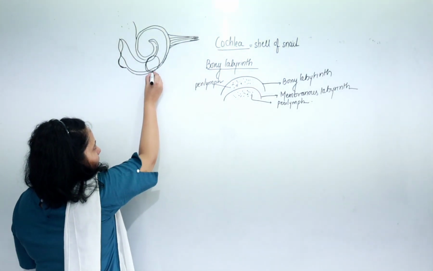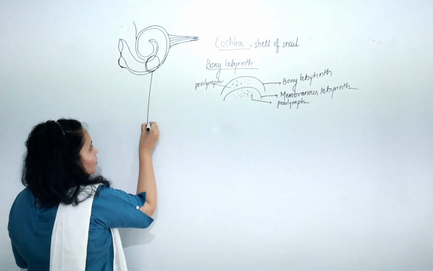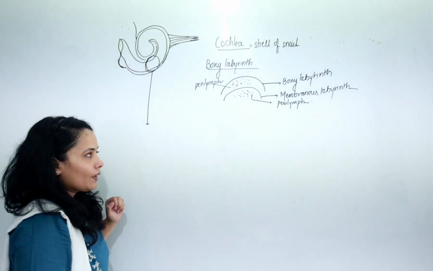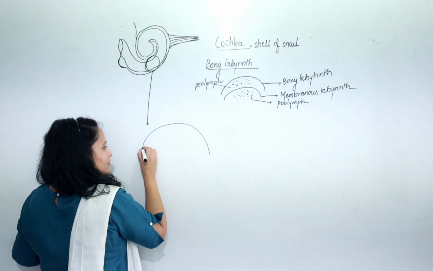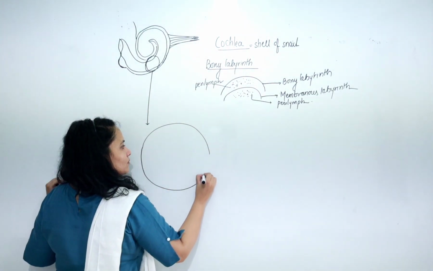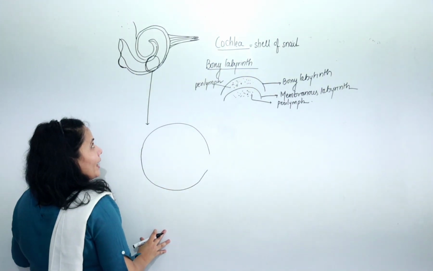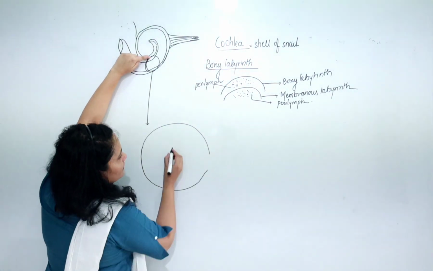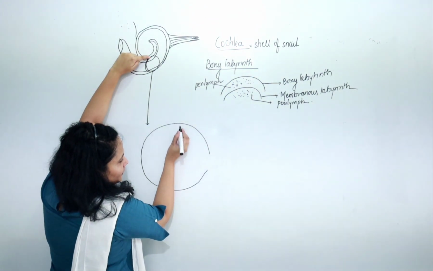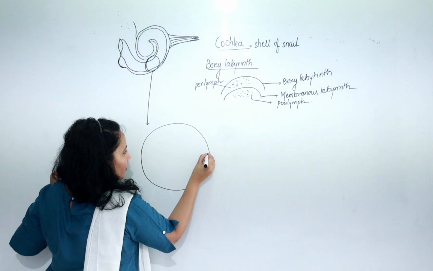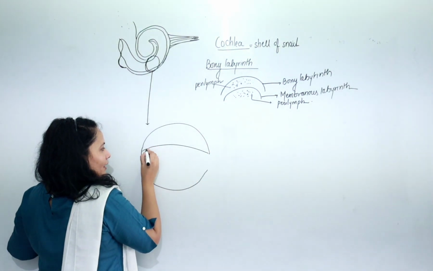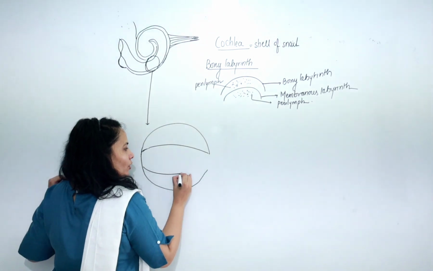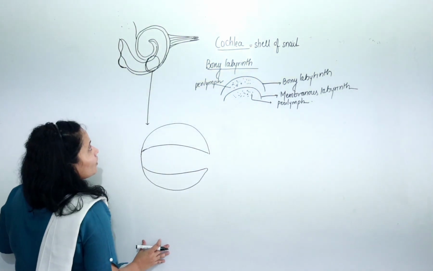So now if we talk about the cross section of this cochlear tube, it will appear something like this. This is the outer area. Then I'll draw one more line. It would be like this. And then I'll draw one more line. It will be like this.